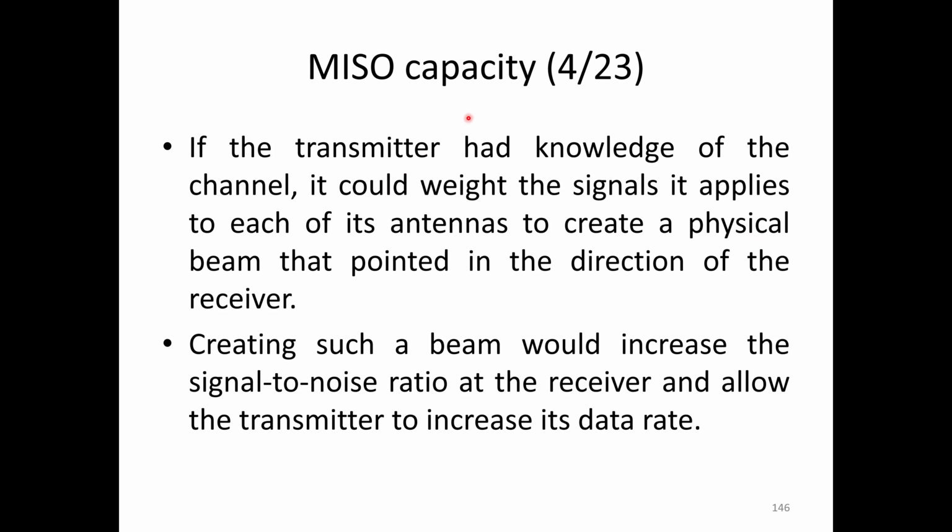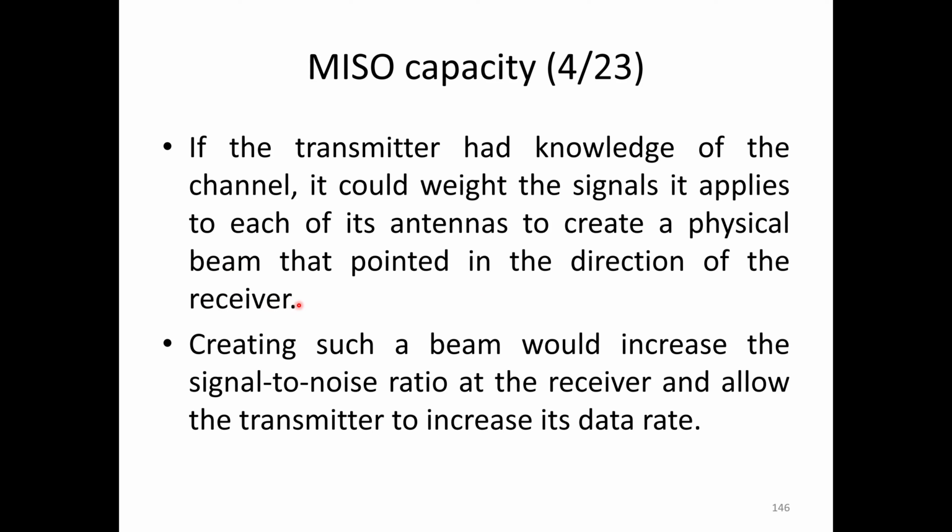That is P1, P2, P3, etc., the power of the ith eigenmode. Creating such a beam would increase the signal to noise ratio at the receiver, because you make the beam align with the receiver.